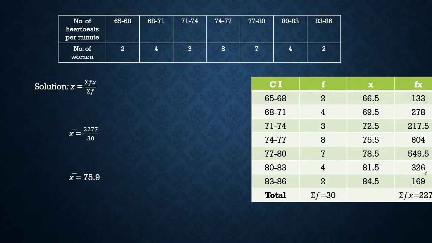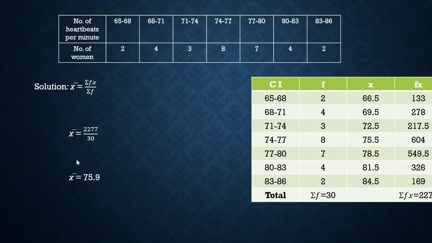After finding all the fx values, add them to get summation of fx, and here summation of fx is 2277. Now we know that our mean is equal to summation of fx by summation of f. So x bar is equal to 2277 by 30.